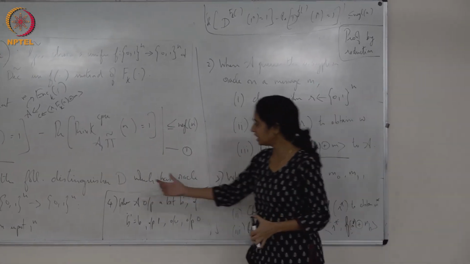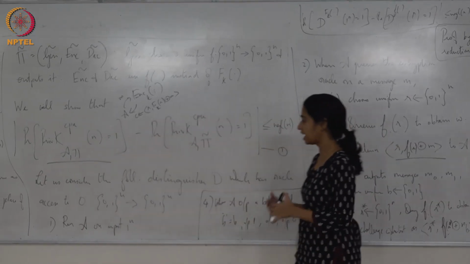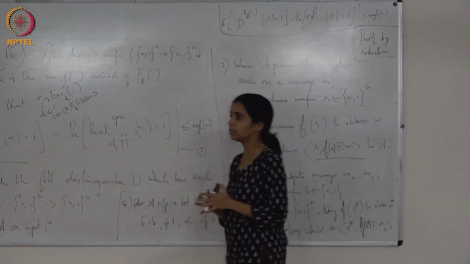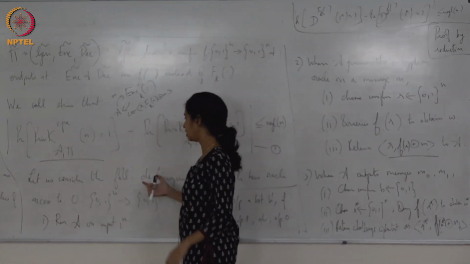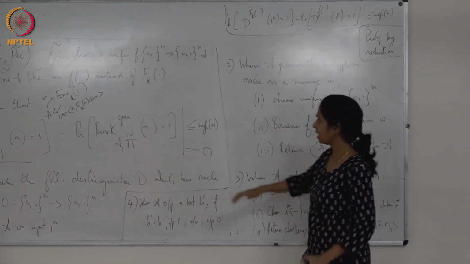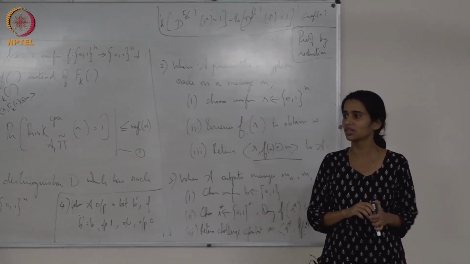D would simulate the correct environment to the adversary A, and if it manages to do so and A is still able to break the security, that would imply that D could break the security, right. So this is the high level idea. Any quick questions here, or is everybody completely lost?